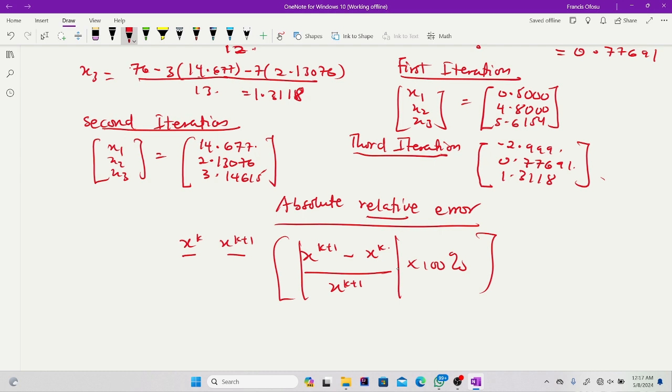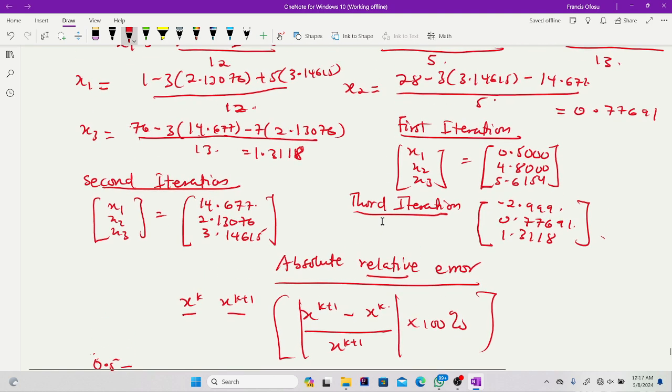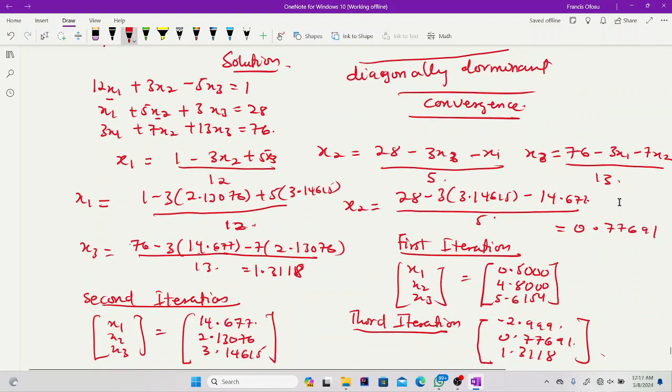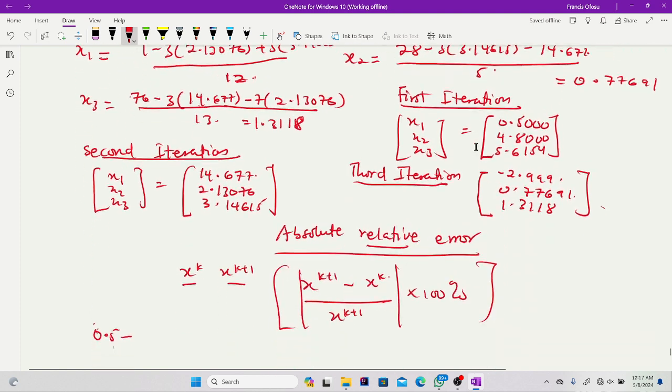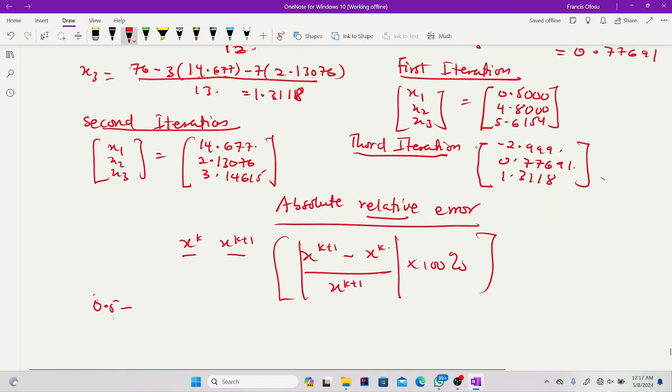So with respect to our iteration, for the first iteration, we can find the approximate error for each. So let's say for the first one, x1 is 0.5, right? So I'll have my approximate error to be 0.5 minus the initial guess. The initial guess I had for x1 was 1 from the question. So simply do 0.5 minus 1 all over 0.5 times 100%, right?